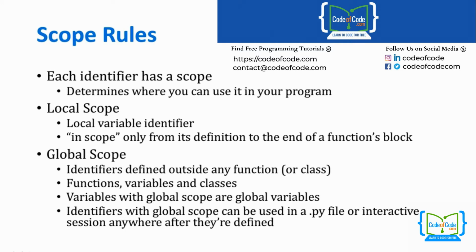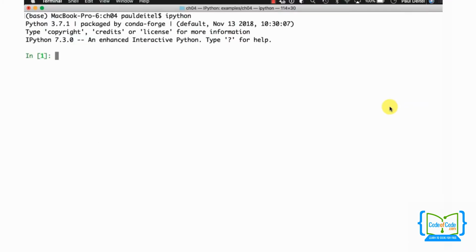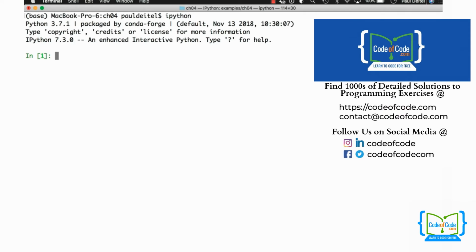So with that said, let me switch over to an IPython interactive command prompt, and let's start talking about global variables. If I write a statement like x gets the value 7, I've now created within this IPython session a global variable called x with the value 7.